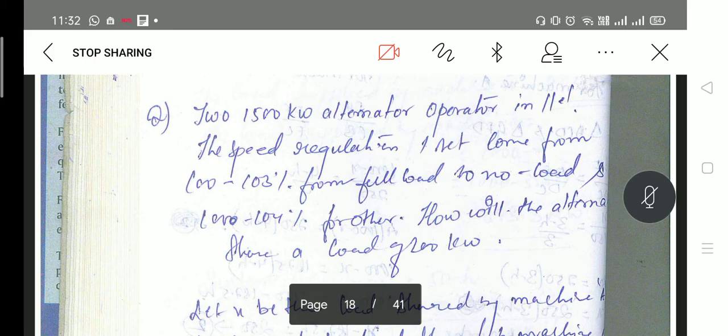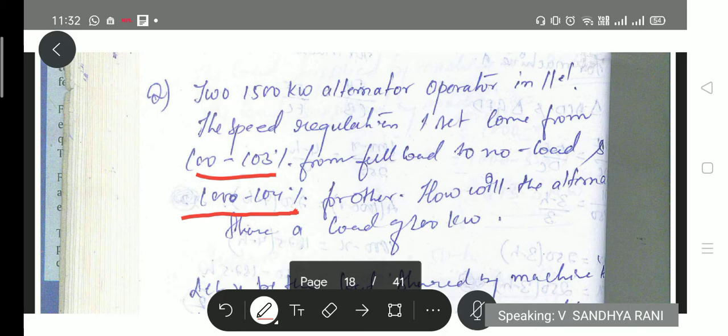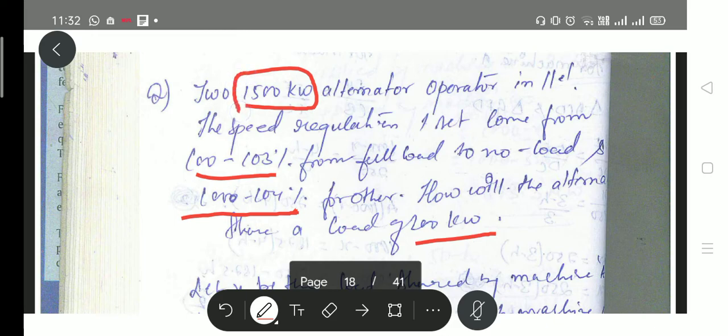The speed regulation goes from 100 to 103% from full load to no load for machine A, and 100 to 104% for machine B. How will the alternators share a load of 200 kilowatts?